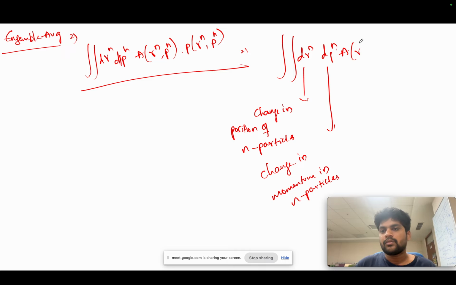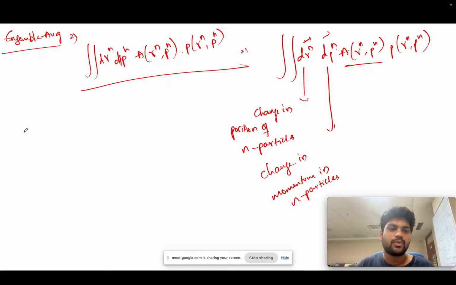Suppose I give the ring, and you are saying the ring positions on the xyz coordinates and the momentum, of the ring and the probability of attaining the stable state. So this is the formula for ensemble average.